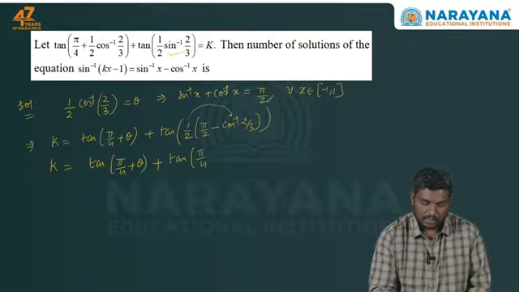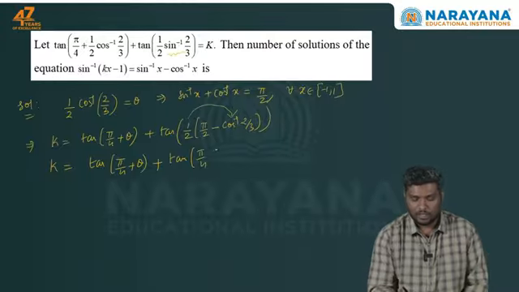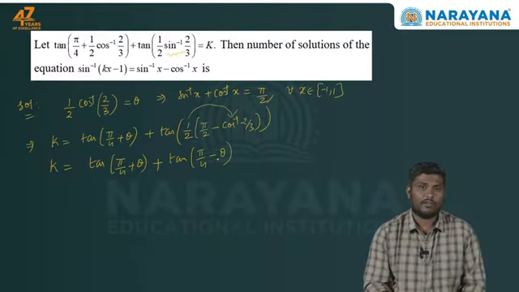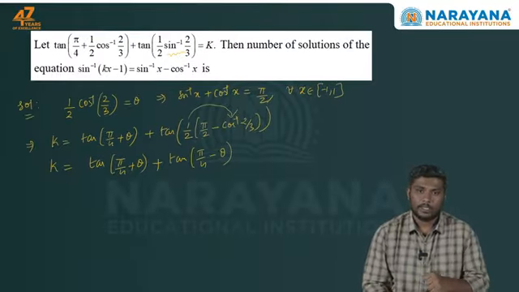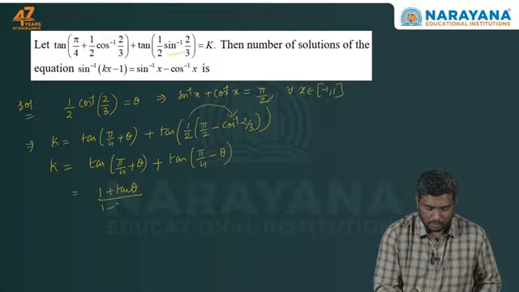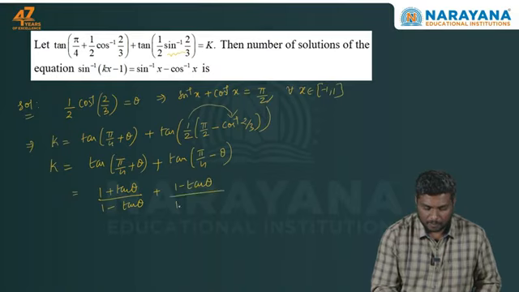See guys, this into this will once again become theta, so it will give us minus theta. So once again, basic trigonometric formula, tan(a plus b) plus tan(a minus b). Tan(a plus b) is tan pi by 4, which is (1 plus tan theta) by (1 minus tan theta) plus (1 minus tan theta) by (1 plus tan theta).